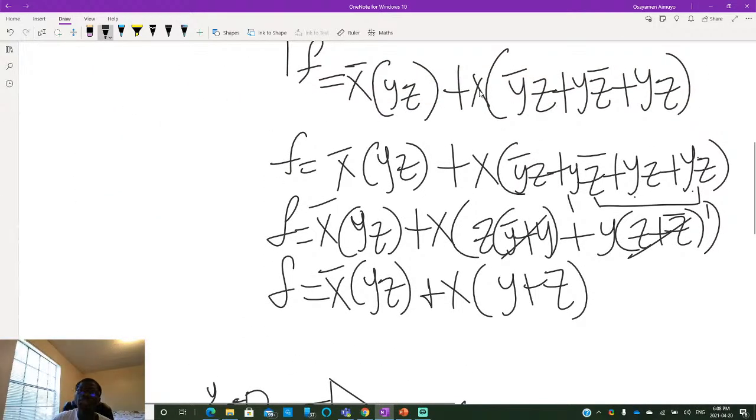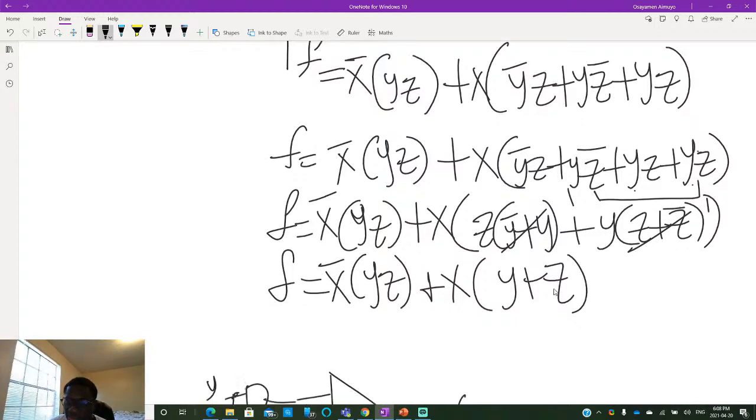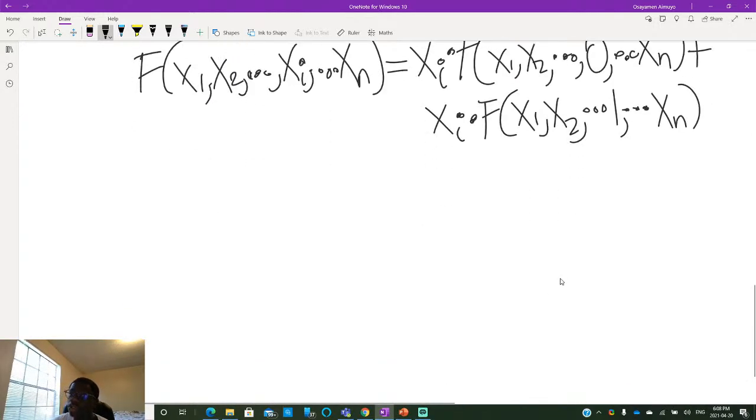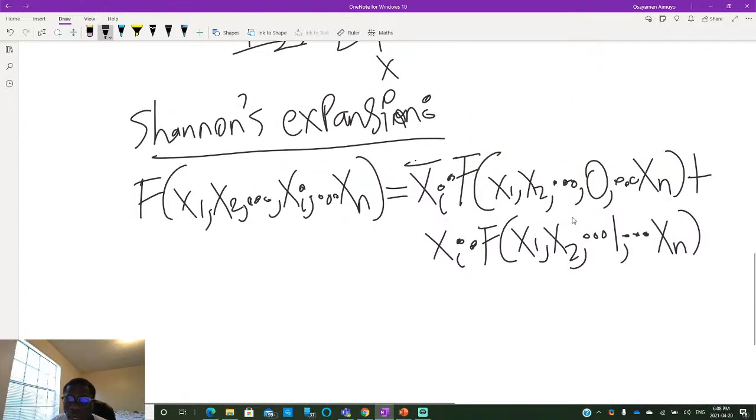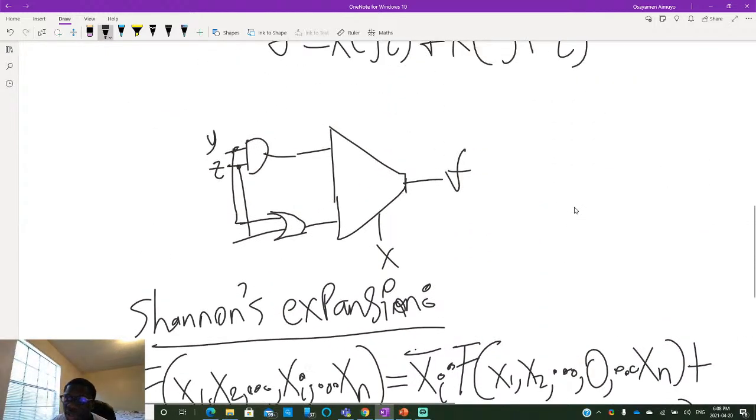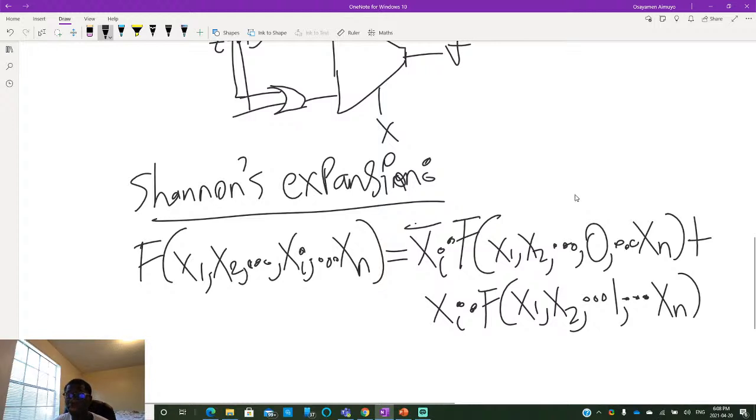You can even continue the process again, maybe picking y or z here. Basically, you just keep decomposing the function until you have it in the form where it lends itself to a 2 by 1 mux or whatever mux you're trying to use.